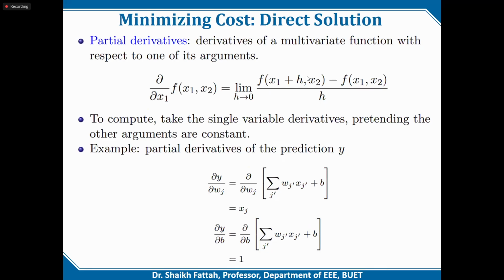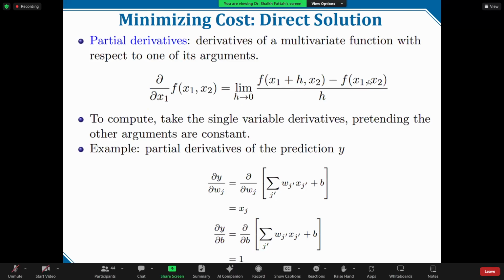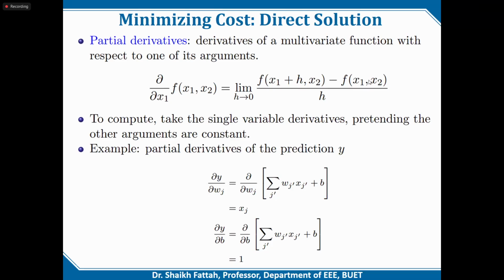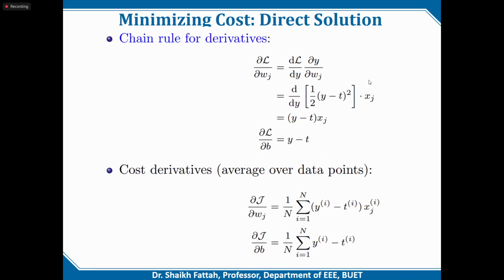So let's try to understand how to get the W. W is basically optimized, or varied and searched, with a target. The target is to minimize our cost function.